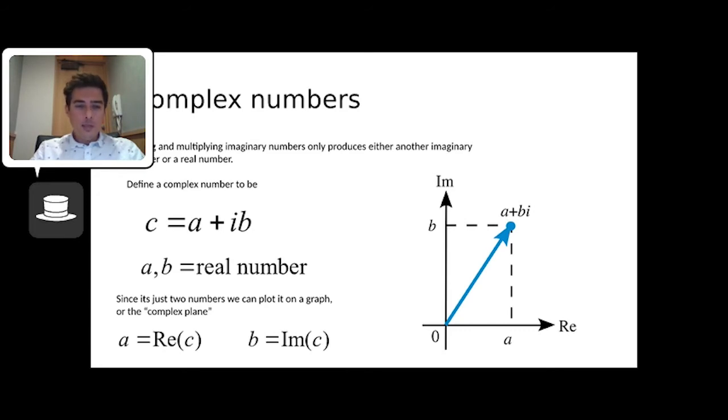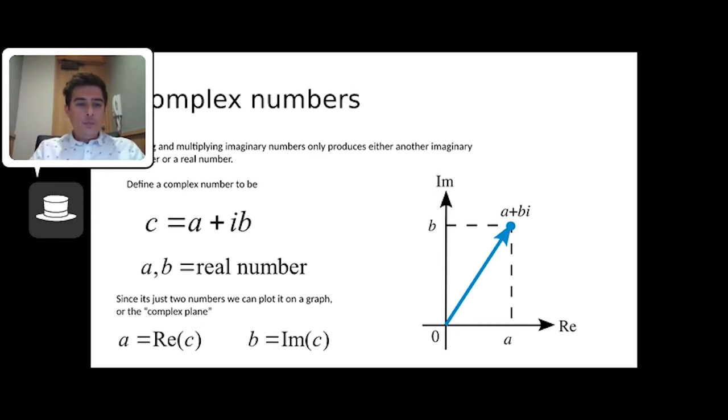A real number just means any number that is a plus or a minus or a 0. It doesn't have to be an integer, it doesn't have to be 1, 2, 3, 4, 5. So 2.3 or pi or 6.79 or minus 3 million, these are all examples of real numbers.